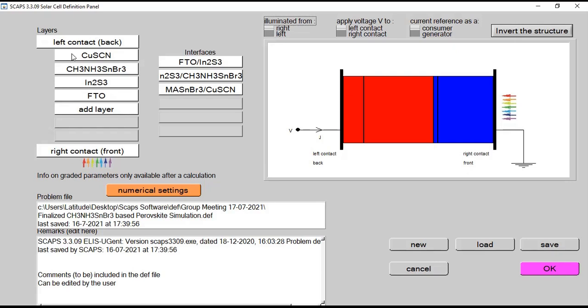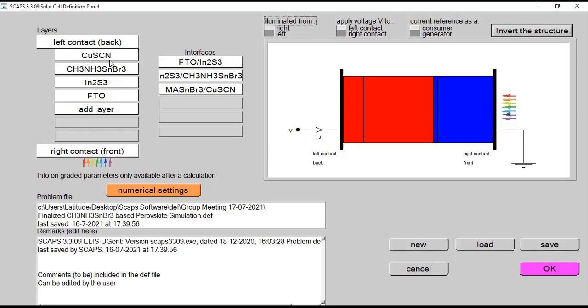Like if I am going to show you over here from this structure, my perovskite solar cell has structure like NIP. It means what? My incident light will be from bottom, from FTO glass, then ETL, then perovskite, and then copper thiocyanate. So this is NIP architecture.